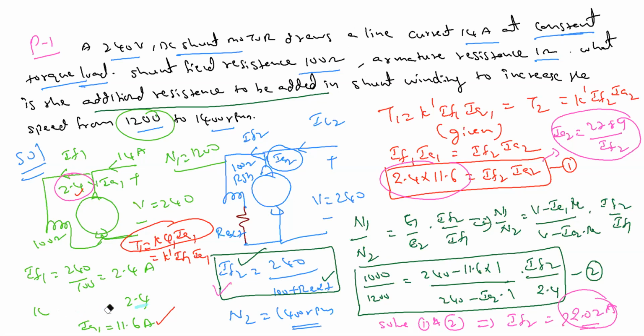If you take the 2 here, now we need R external. The question is to get R external. So take this 2, 240 by 100 plus R external.